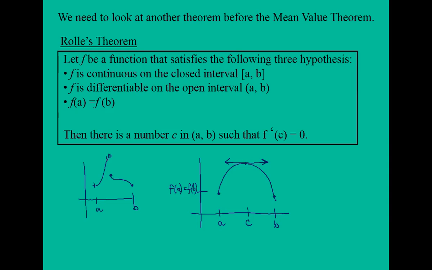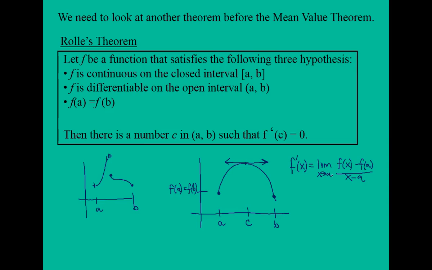Now it says f is differentiable on the open interval, and the reason it's on the open interval, we can't take the derivative at those endpoints. If you think about the derivative, it comes from taking the limit of f of x minus f of a all over x minus a as x approaches a.